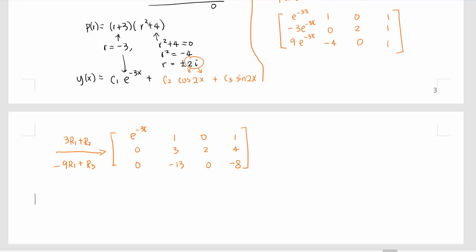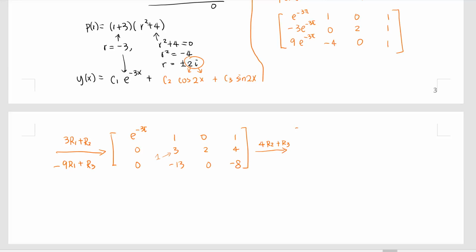So far, so good, everybody? Okay. And then, how do we get this guy 0? So, first of all, I want to make this 1. Okay? How do I make this 1? Well, we can use 4r2 add to r3.